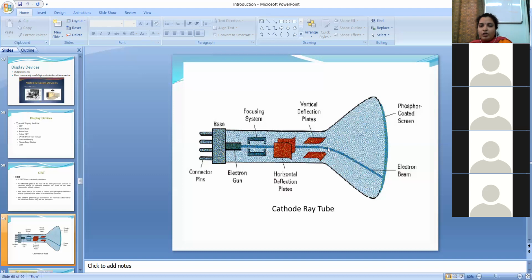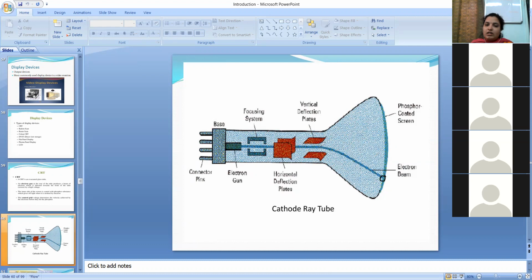Whenever the electron beam strikes the output screen, that portion will glow. The particular point at which the electron beam strikes the screen changes its color from the background color to the picture color, so this point or pixel will glow once the electron gun strikes it.